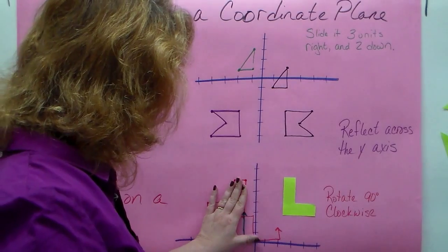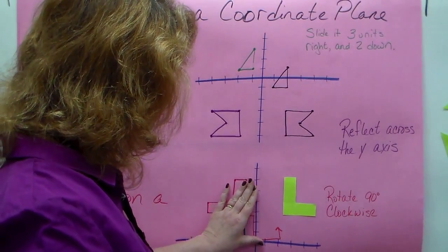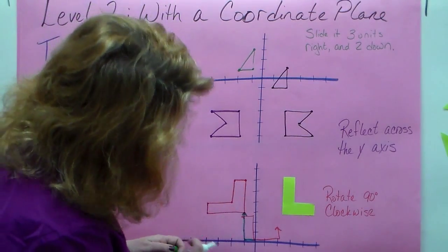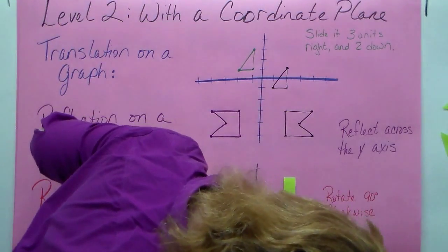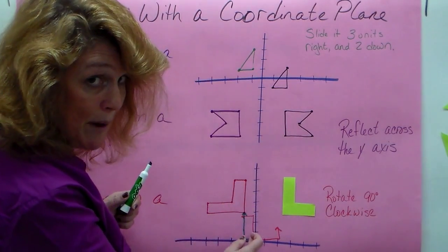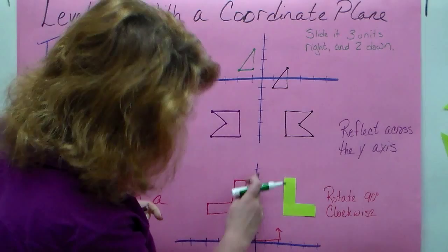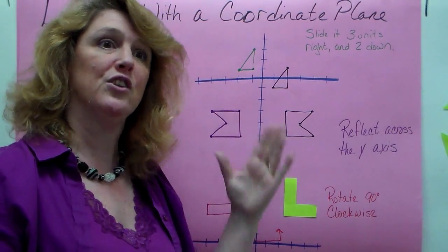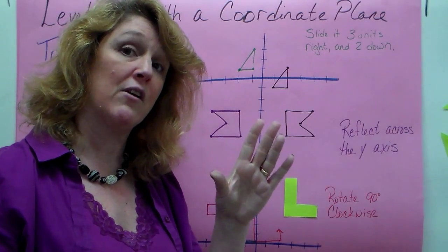So I'm going to take this little L and rotate it this way. So now, if I actually turn my head like this and look at it this way, then this looks like my bottom graph, my y-axis. So I can rotate my head so that it looks like I'm doing exactly the same thing on the other graph.